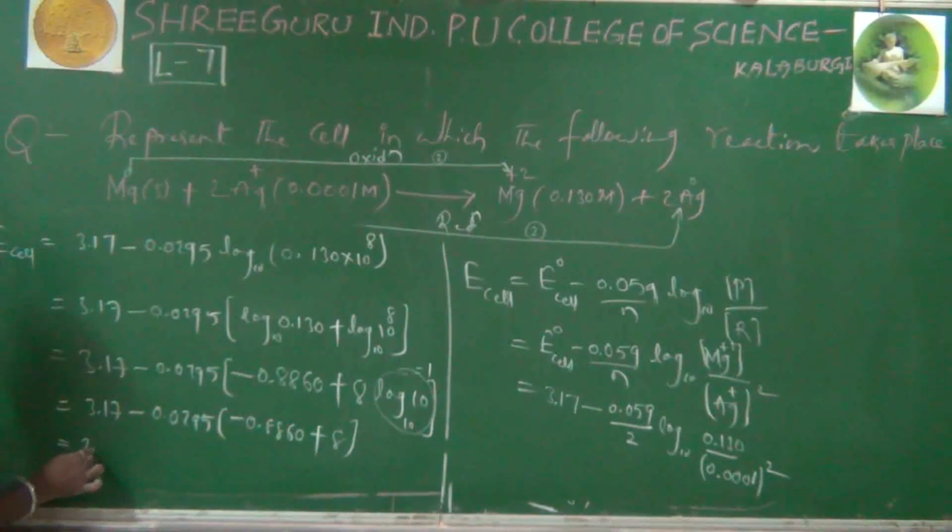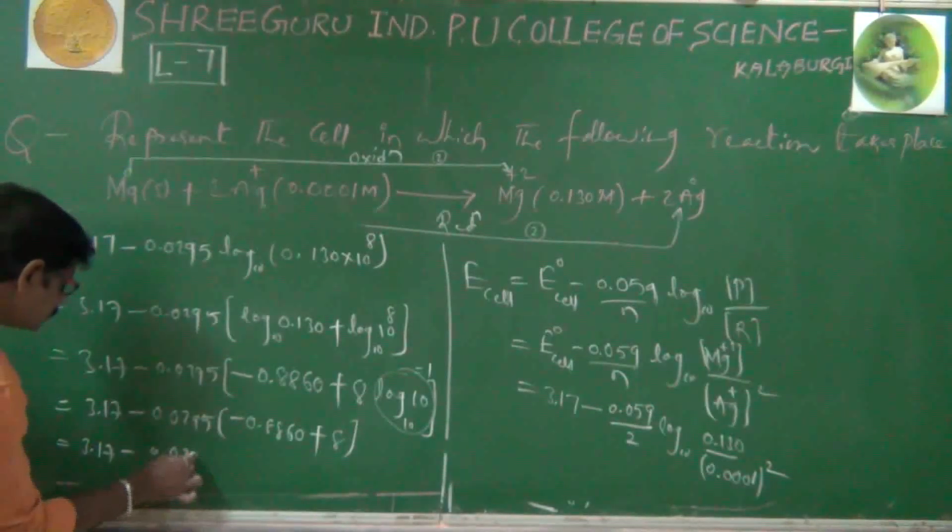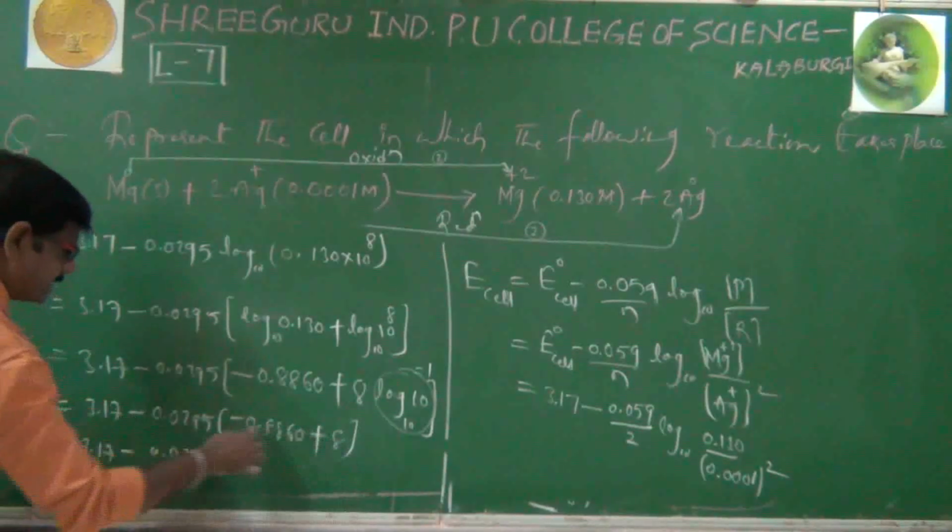That is equal to 3.17 minus 0.0295 and plus 8 and minus this value.